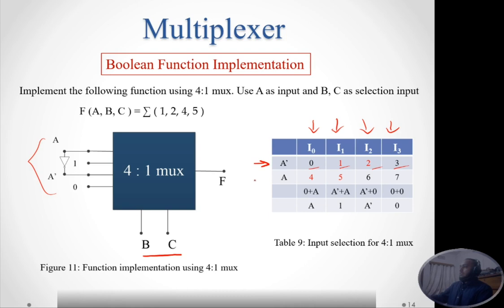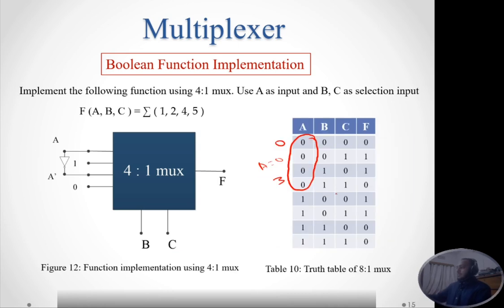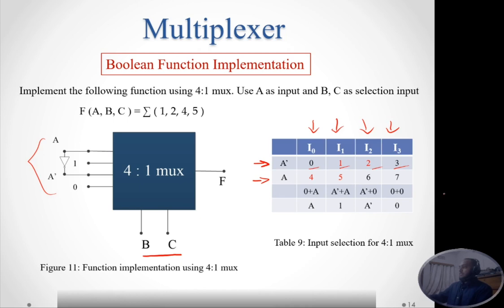Then we need to find in which positions A is 1. From the truth table we can see A is 1 from the positions 4 to 7. So we can write like this: 4, 5, 6, 7. Then we need to mark in which positions our output is 1. So I have marked here.